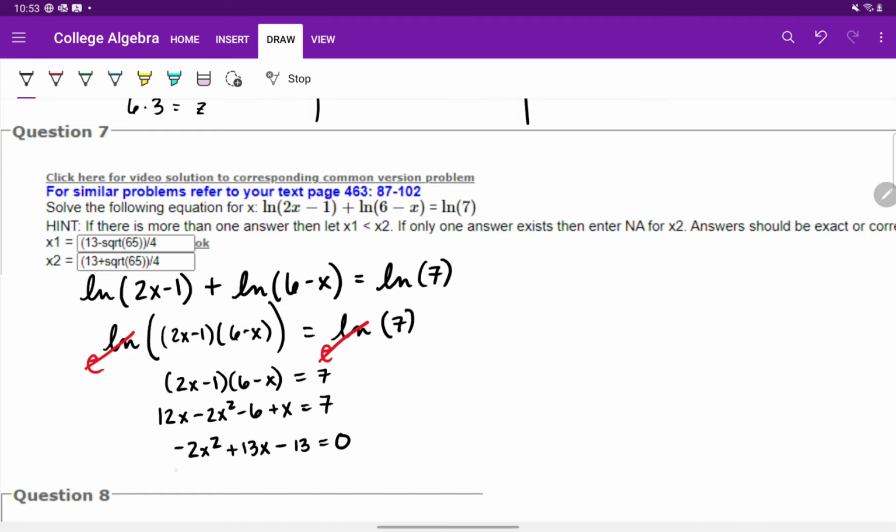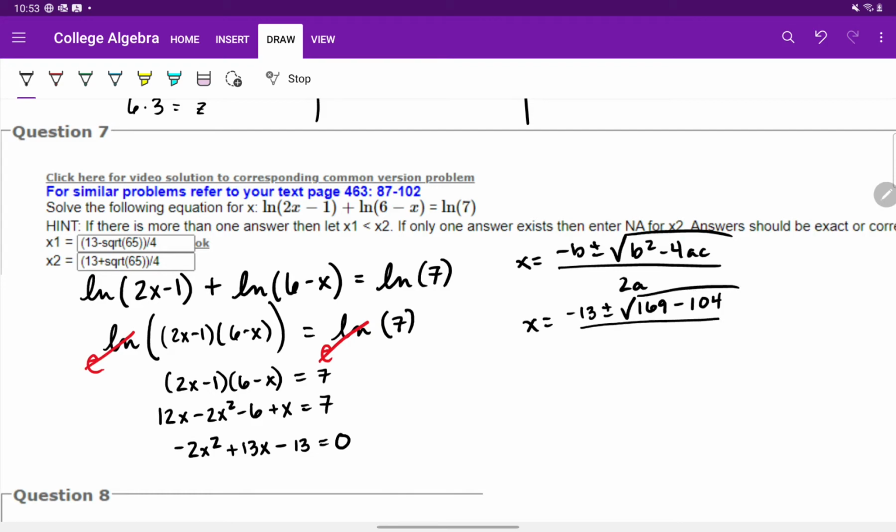And in order to solve for x here, I think we're going to want to use our quadratic formula, so x is equal to negative b plus or minus the square root of b squared minus 4ac all over 2a. So that'll give us negative 13 plus or minus the square root of 169 minus 104 all over negative 4.